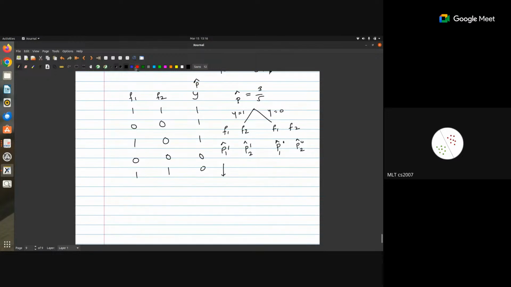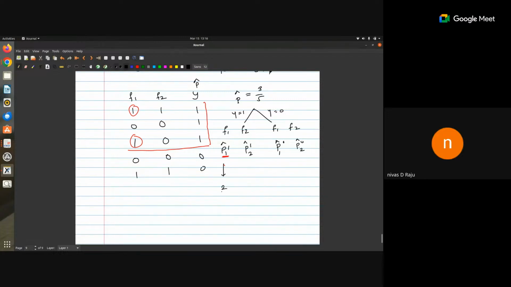Out of the positive class, how many times will one occur? So what is the positive class here? Can I say that it is only this part? In this part, how many times does one occur for feature 1? Twice. So what is this probability? Or 2 by 3. Sorry, this is not a probability, this is a parameter, the estimator for this parameter.